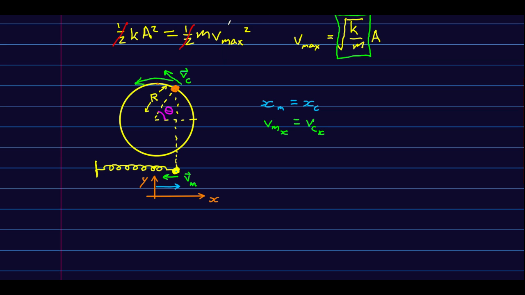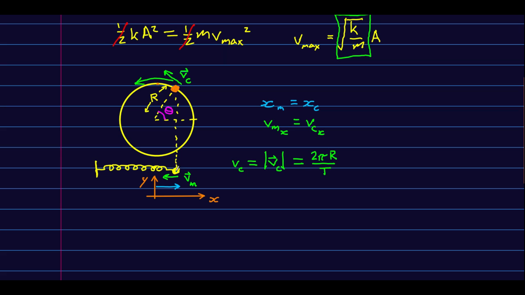So at that instant, the speed of the mass on the spring is the same as the speed of the thing going in the circle, because their velocity vectors are parallel, and we know they also have the same x components. Well, we already know a way of writing the speed of the thing going around in the circle. We've already seen way back when we looked at circular motion that it is 2 pi times the radius of the circle divided by the period.